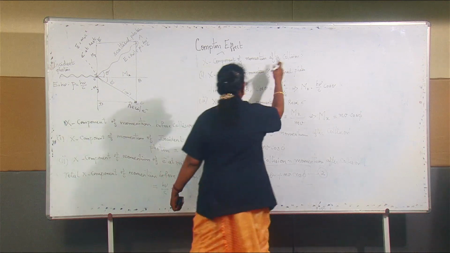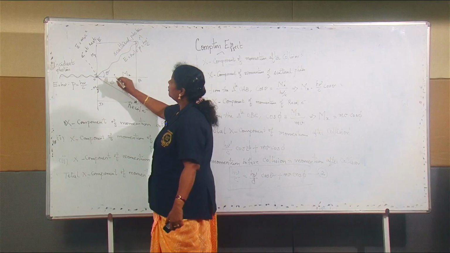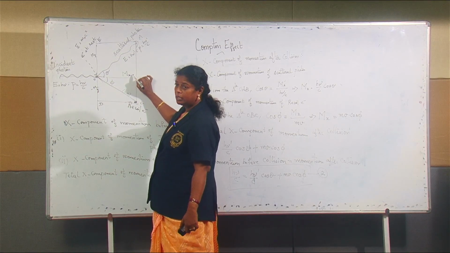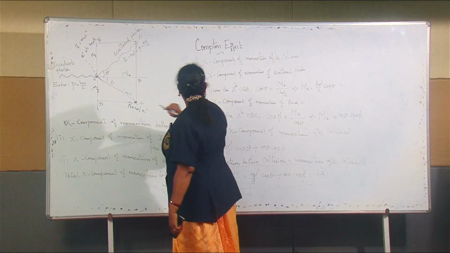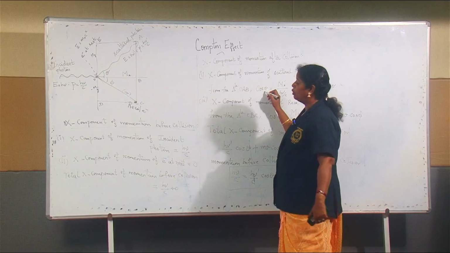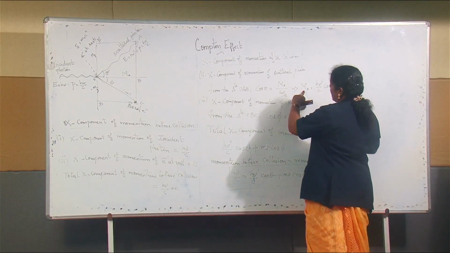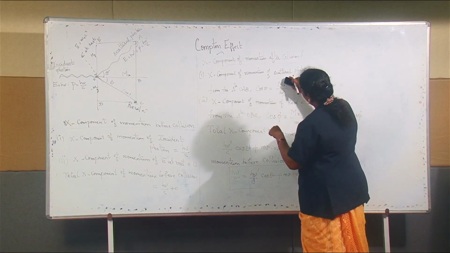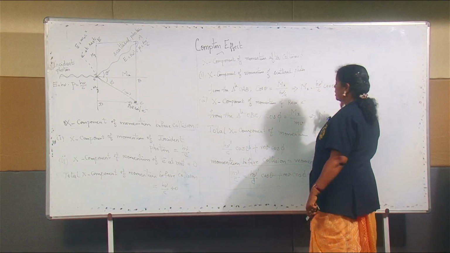Similarly, after collision, it is scattered in any direction with the angle theta. So, here we have the x component of momentum. Using the triangle OAB, the adjacent side, we use cos theta. So, cos theta is equal to mx by h nu dash by c, and we need to find the momentum along the x axis. Therefore, mx is equal to h nu dash by c into cos theta.